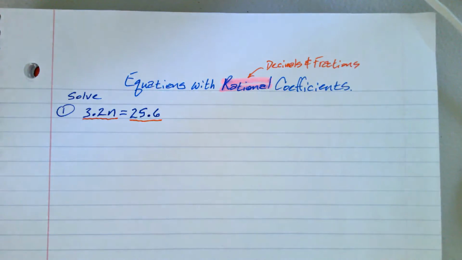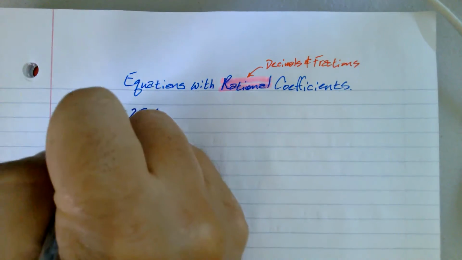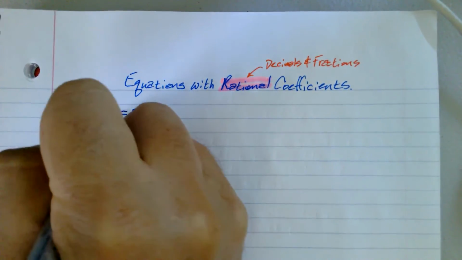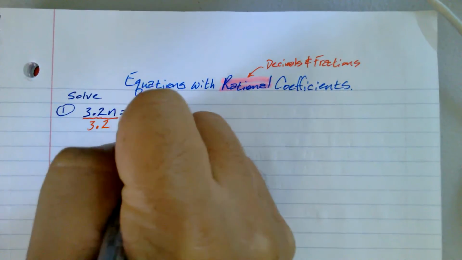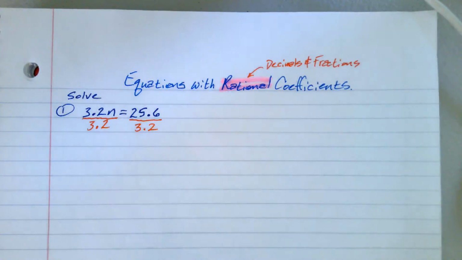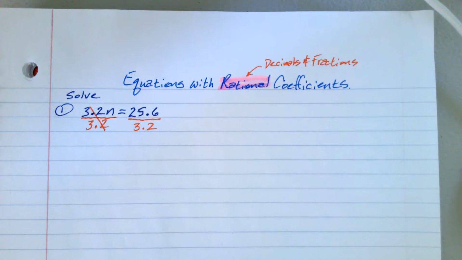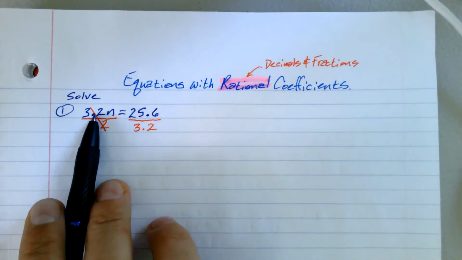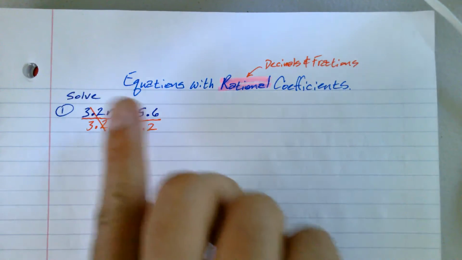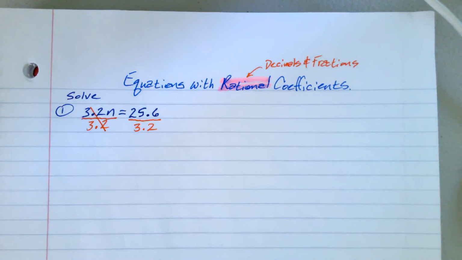And we divide by 3.2. And you cancel. So I divided 3.2 over 3.2. It still makes 1. So basically it becomes 1 times n, and that's just n.